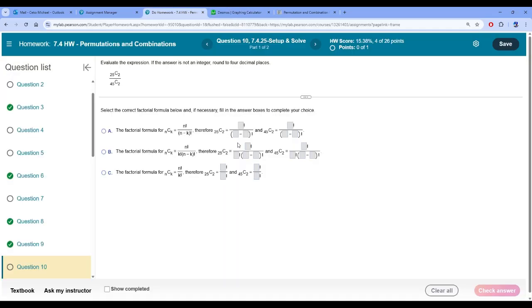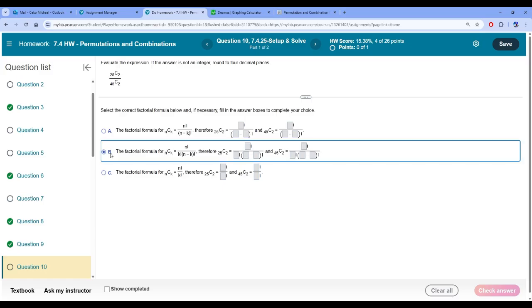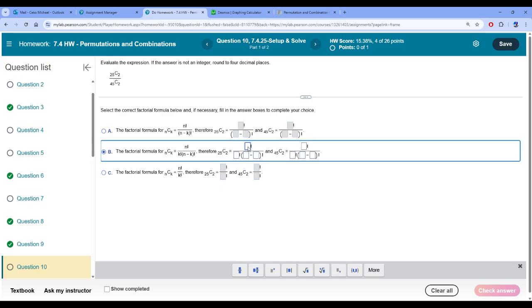Oh, they just want what it's equal to. This one is B. So this is n factorial, which is going to be 25, and then 25 minus 2.